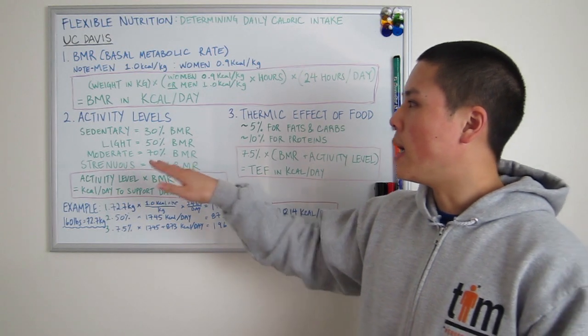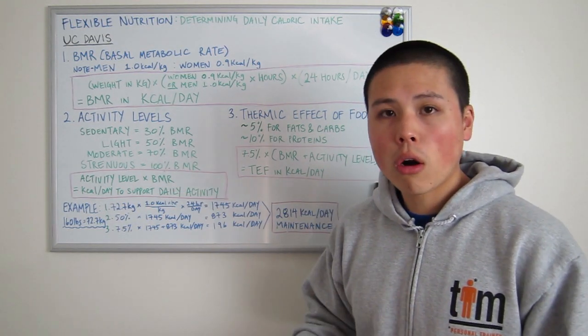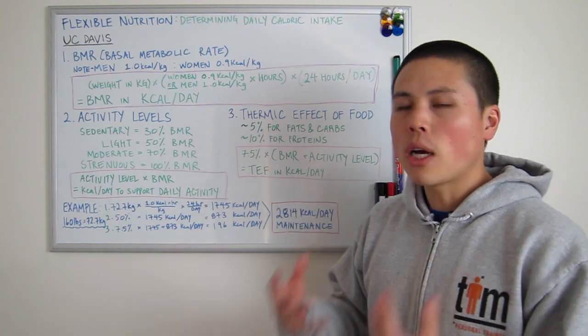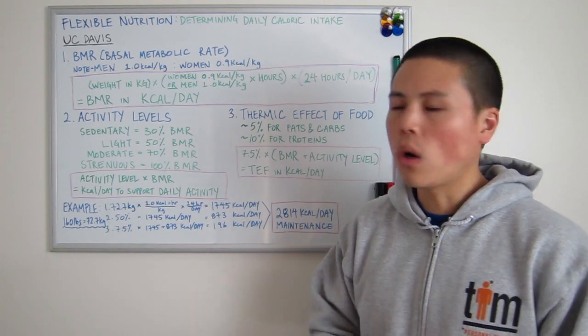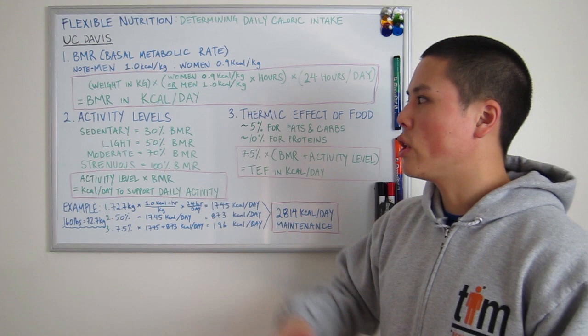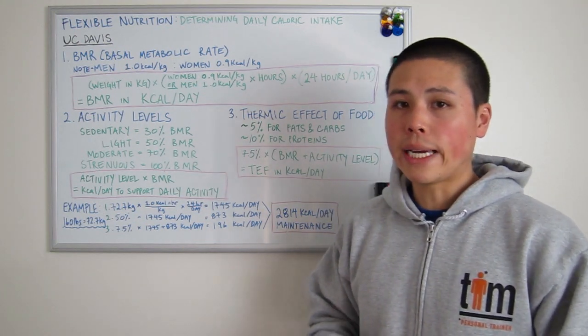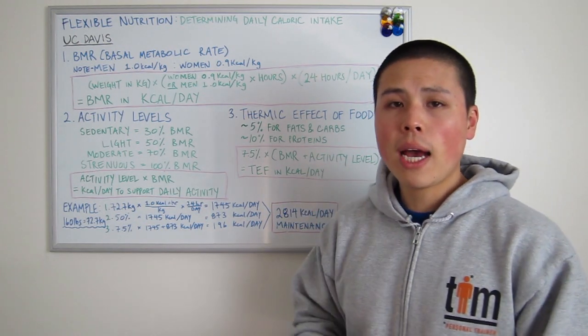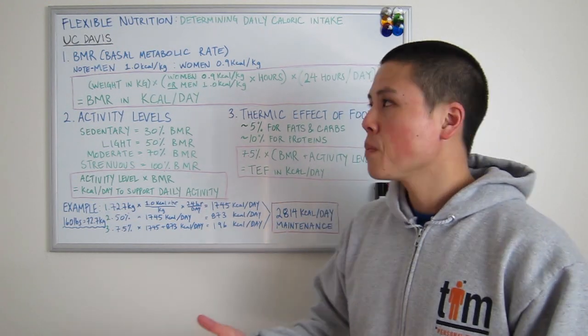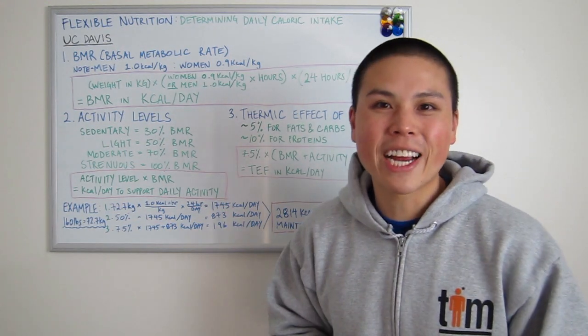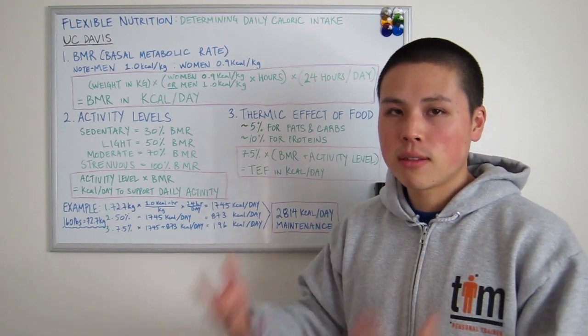Someone with a moderate activity level works out a little harder, job possibly a little harder, but works out definitely a lot harder: weights, cardio, all that stuff. And someone who has strenuous activity levels is like a high-level athlete, or someone who has a really tough job like a construction worker, or I don't know, a lumberjack, someone who lifts stuff daily all the time.